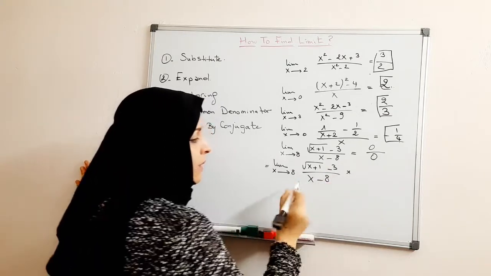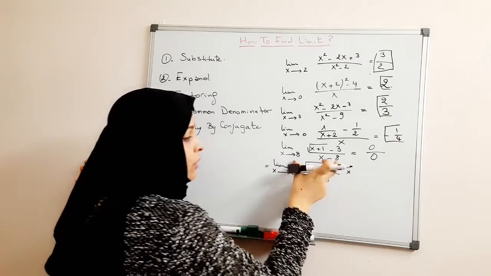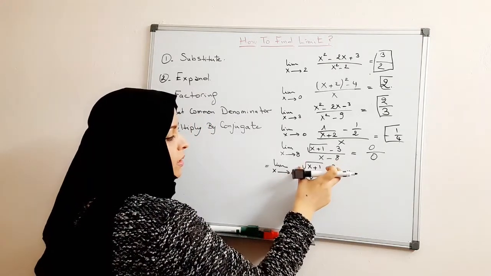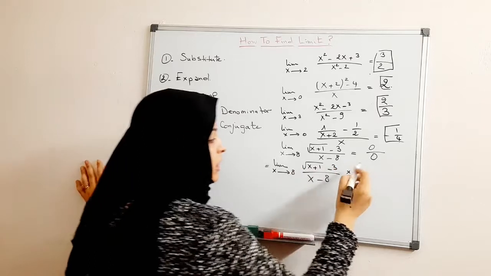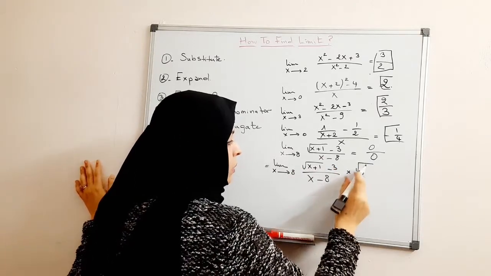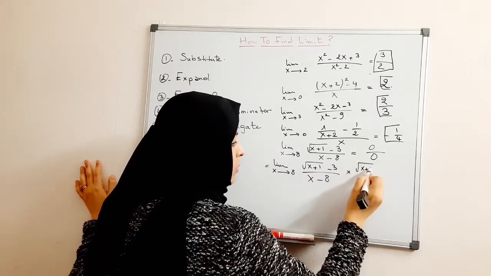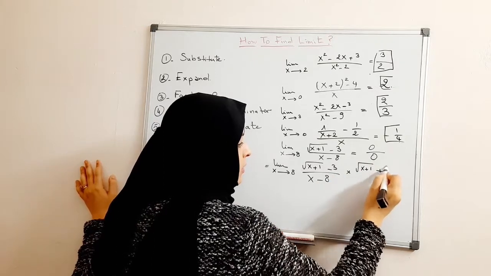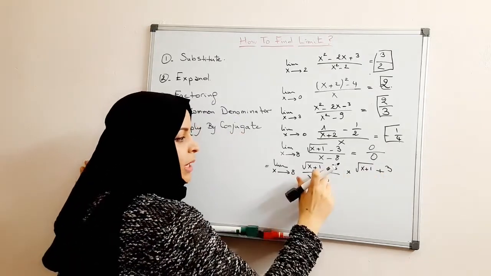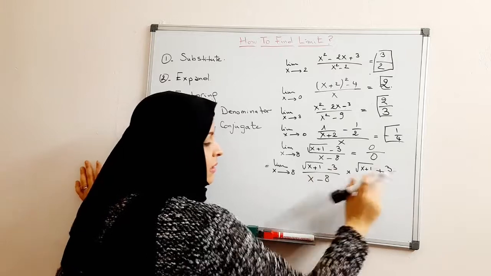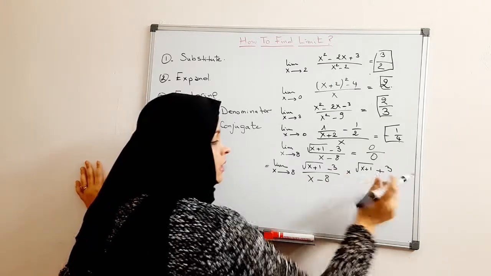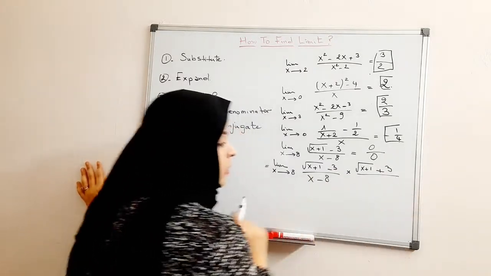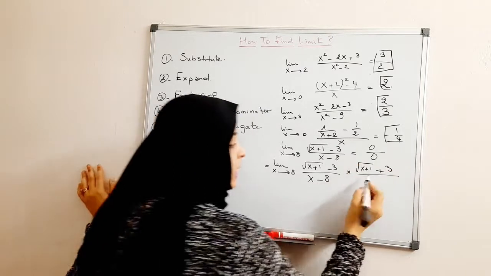We will multiply by the conjugate of this numerator, which is the square root of x plus 1 plus 3. Okay, here we have minus plus. So this is the conjugate, and we divide by the same.